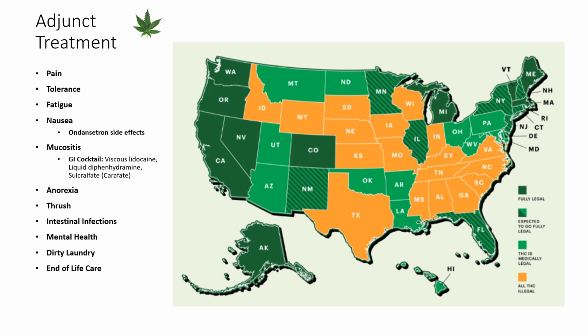Anorexia, so lack of appetite in cancers, very common. And on top of that, the chemotherapy really makes you lose your appetite. So sometimes we'll use corticosteroids such as prednisone or dexamethasone, which can stimulate appetite.